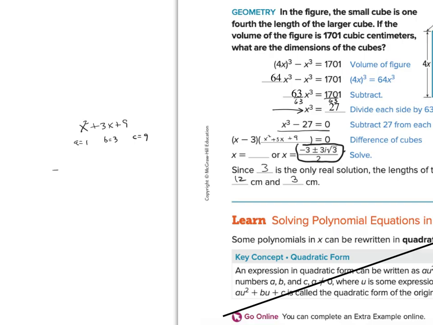You would have your quadratic formula: negative 3 plus or minus the square root of 3 squared minus 4 times a times c, all over 2a. And look, this is the square root of 9 minus 36, which would be the square root of negative 27.